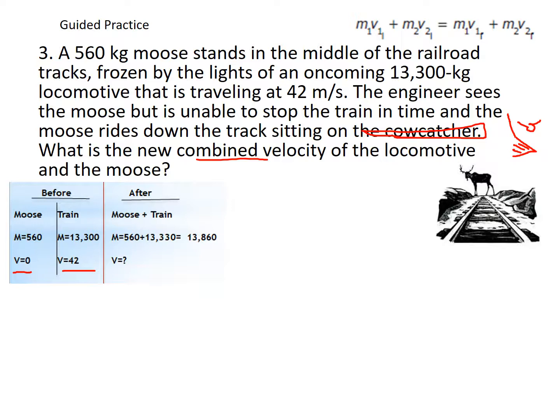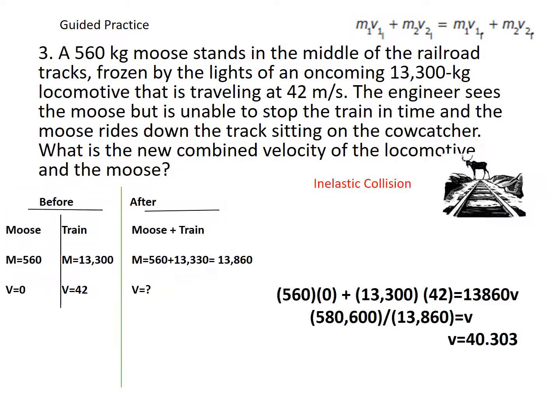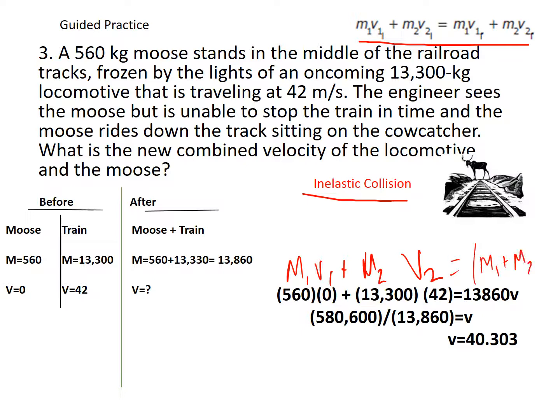So if you look here, after we combine the masses, because they got stuck together, and they rode together, if they're stuck together, they all have one single velocity. So this is an inelastic collision because they got stuck together. And so the formula changes a little bit. The left remains the same, so we still have m1 v1 plus m2 v2 equals, but now we add the masses m1 plus m2 and multiply that by a single velocity.